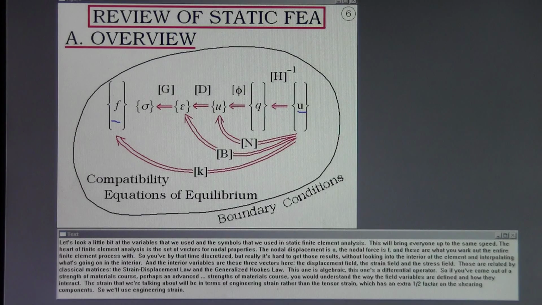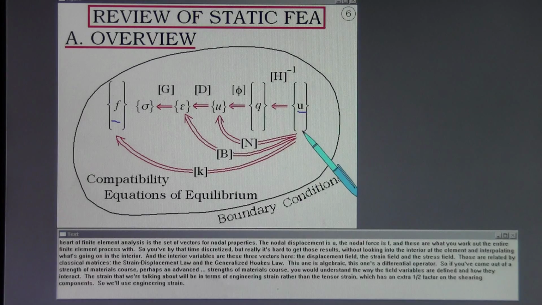So you've by that time discretized, but really it's hard to get those results without looking into the interior of the element and interpolating what's going on in the interior.